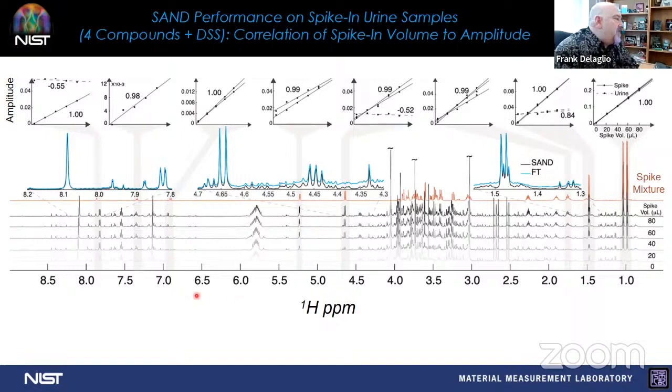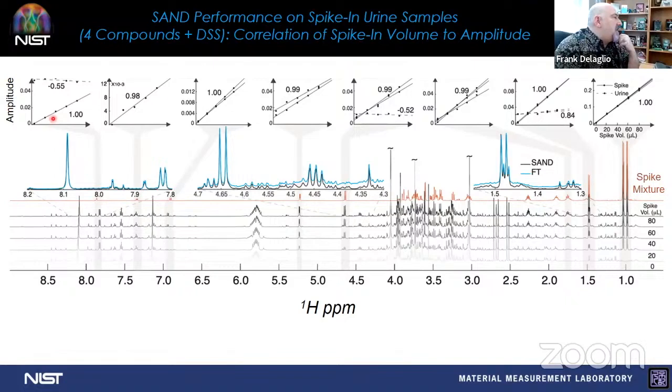Since we know the signals in the 4-compound mixture, we can relatively easily identify those signals within the complicated urine spectra and track the intensities of those peaks. And what we expect is that the intensities of peaks that belong to the spike-in compounds should increase linearly with the amount of spike-in mixture that we add to the urine.